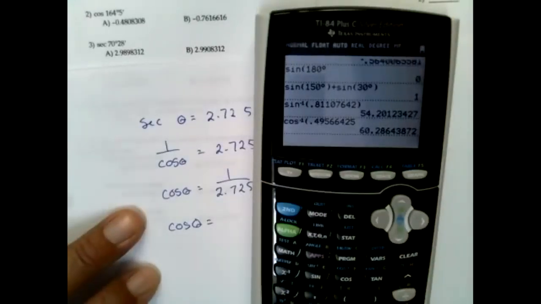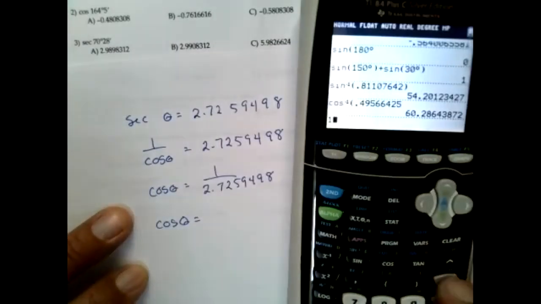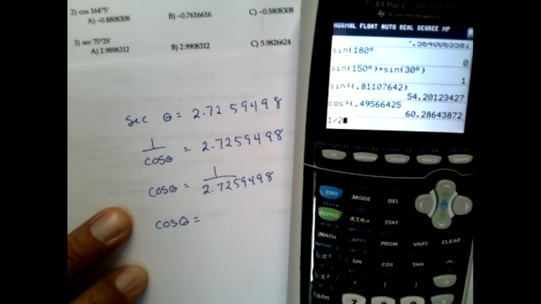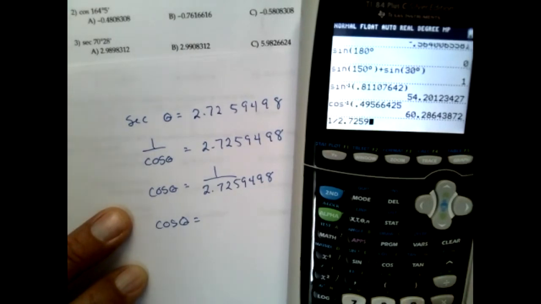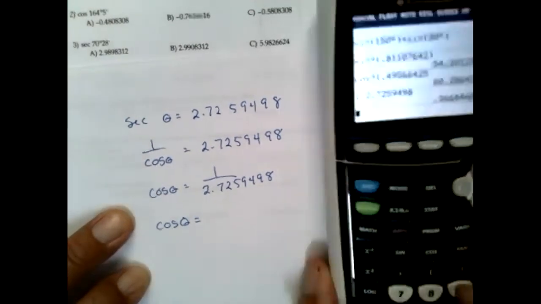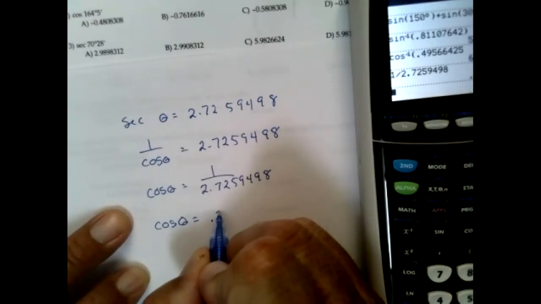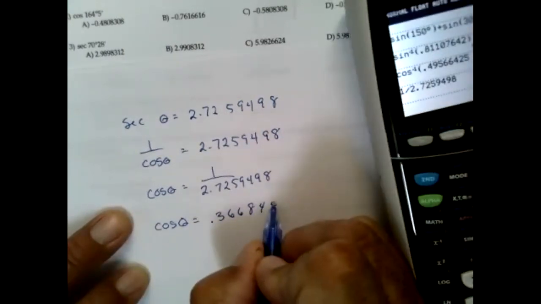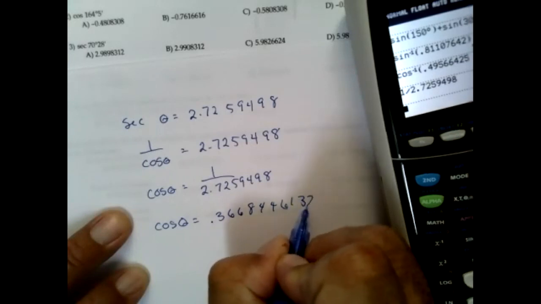Mr. Calculator, what is 1 divided by 2.7259498? Okay, so that's going to become 0.36684461332. Oh my goodness.